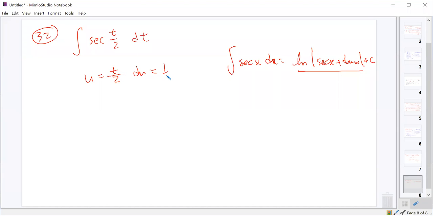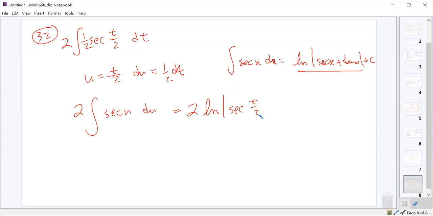So du is 1/2. So you put in your 1/2, put in your 2, and you get 2 times the integral of secant u du, which is 2 natural log absolute value secant of u, which is t over 2, plus tangent u, which is t over 2, plus your constant.